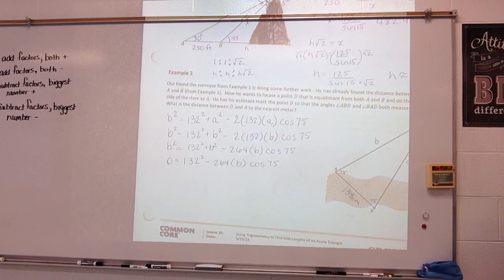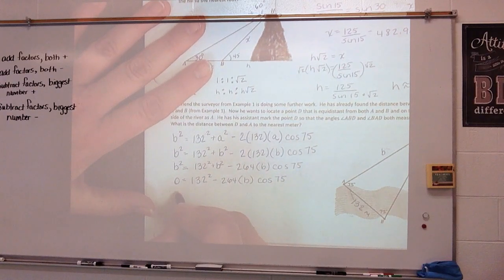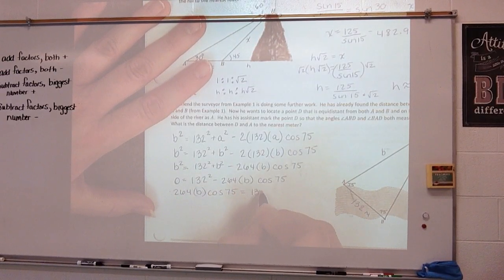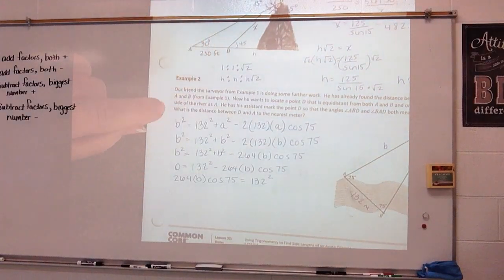Remember, I'm trying to solve for B. So I'm going to add 264B cosine of 75 over, so I get 264B cosine of 75 is equal to 132 squared.